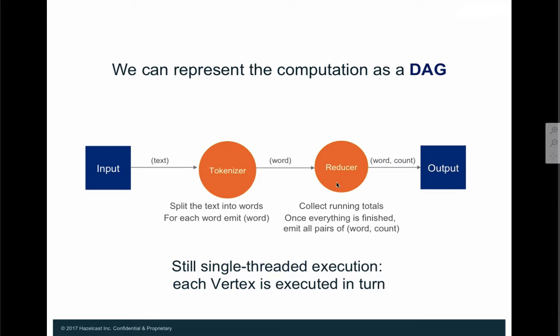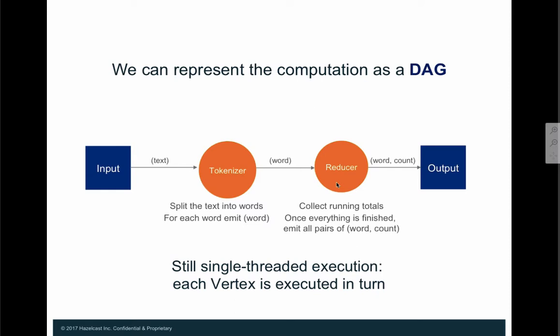And then we have a reduction step, or reducer, which will take this word and update the running totals. And once the input is finished, it will emit whatever values it holds, and it will go into some output.